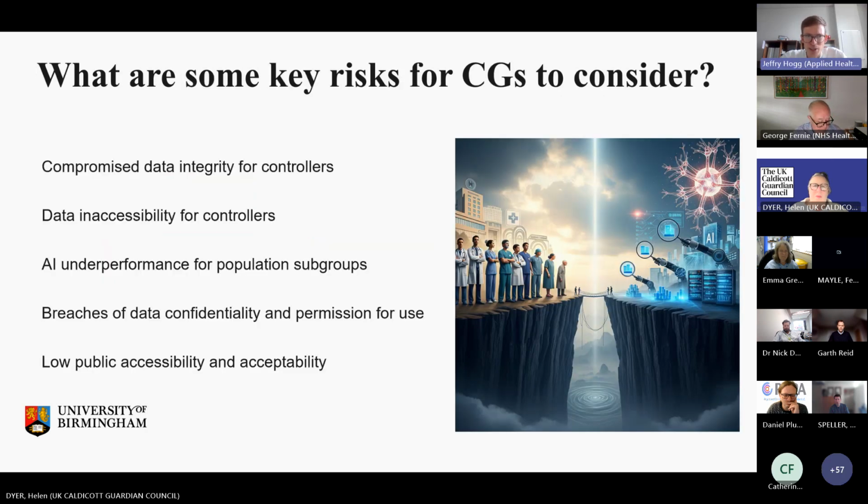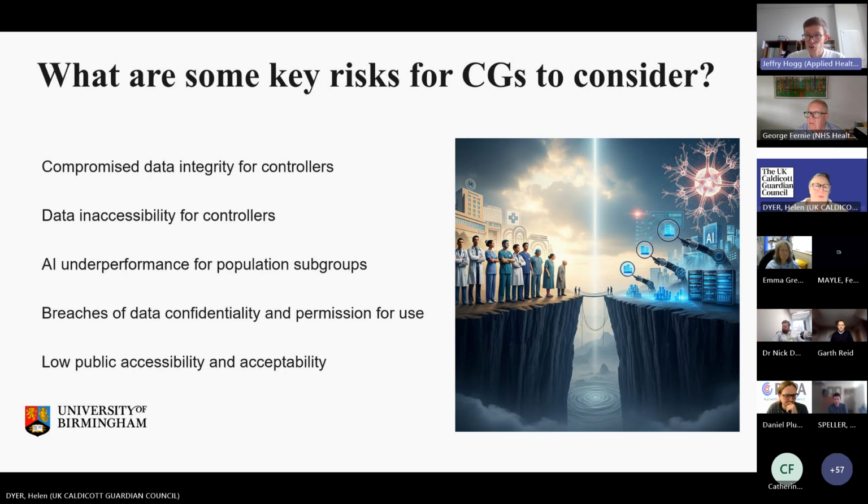And just picking out from those risk categories, some of the things that might be more relevant for Caldicott Guardians that came from that research project. One thing to consider, because of the increased digital surface area, if you like, that AI data flows present, is an increased risk of cyber attacks potentially, and it's really important to make sure that existing checks like the data security protection toolkit of suppliers, for instance, or there's an ISO standard around cybersecurity, 27001, that they have evidence of that from suppliers.